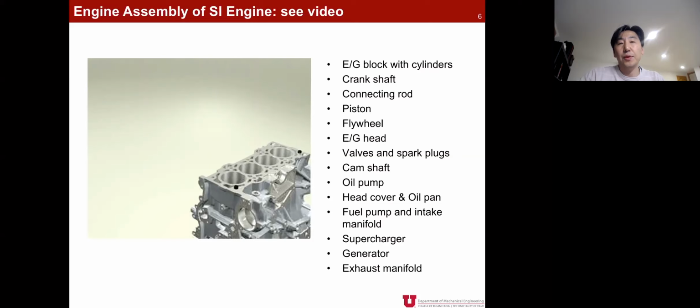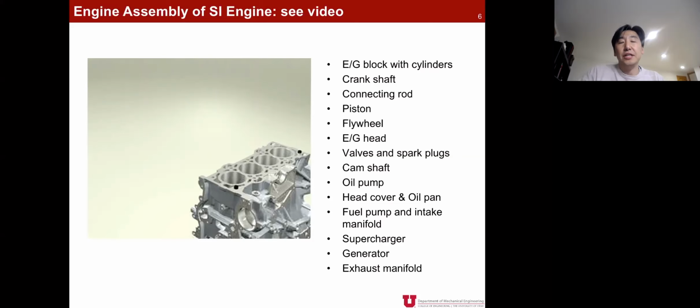There are two types of engines in the reciprocating engines. The first one is the spark ignition engine, or SI engine, and the other one is the compression ignition engine, or CI engine. Those names are classified based on how combustion is ignited.